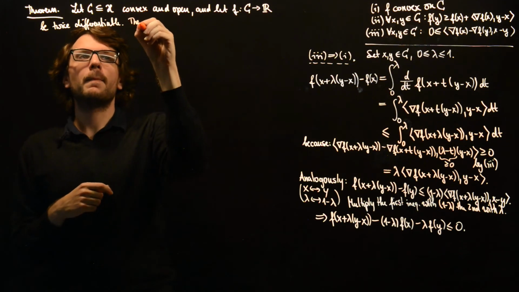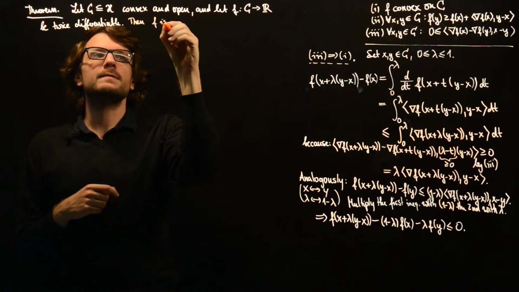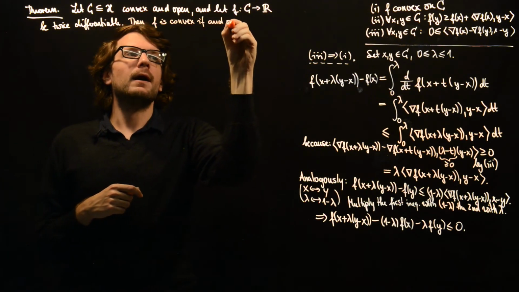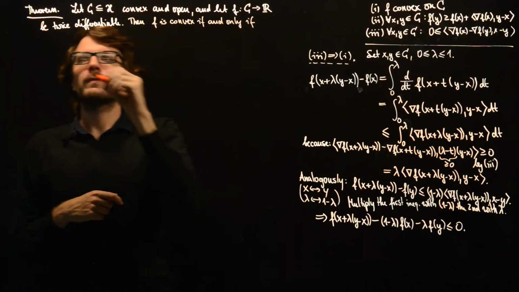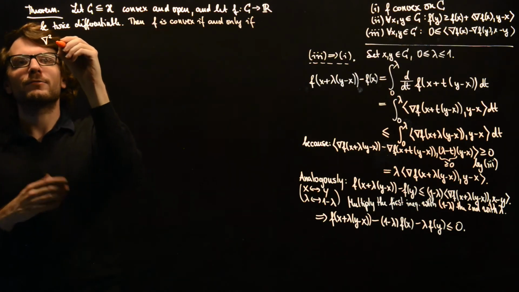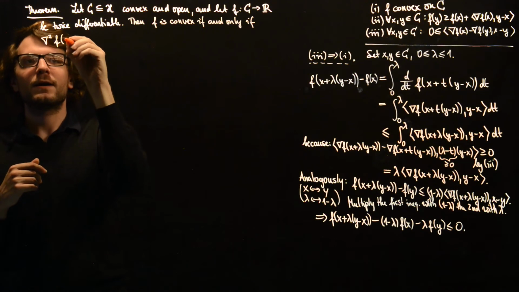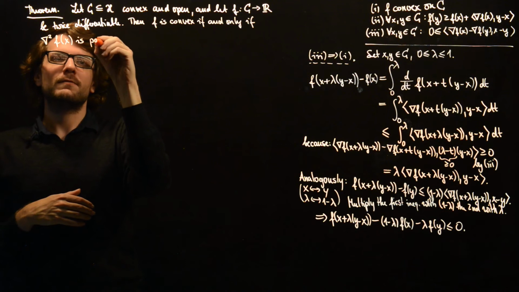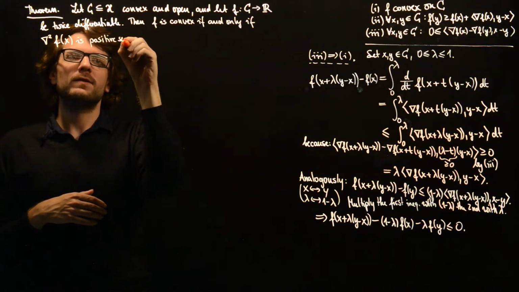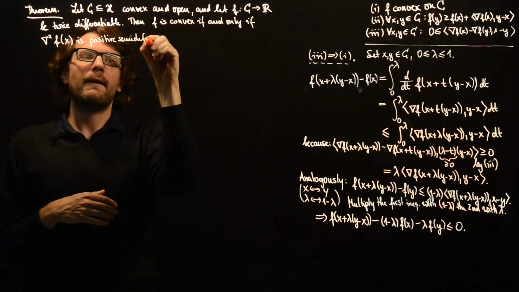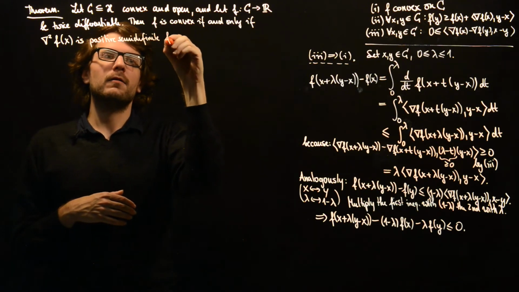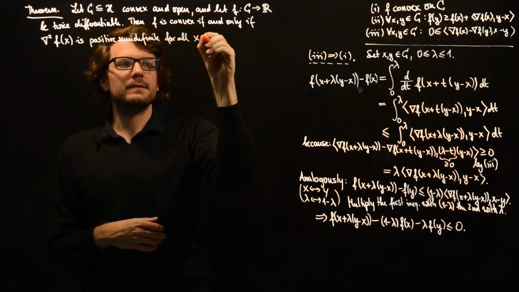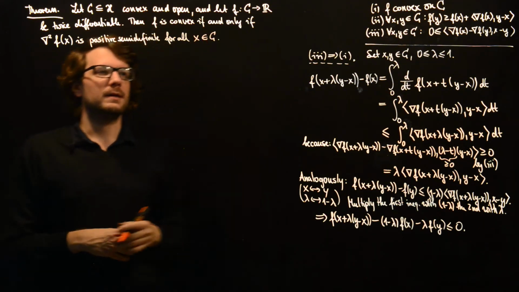Then f is convex if and only if the Hessian of f at the point x is positive semidefinite for all x in C.